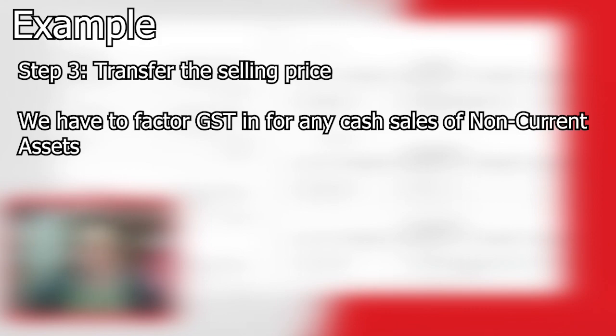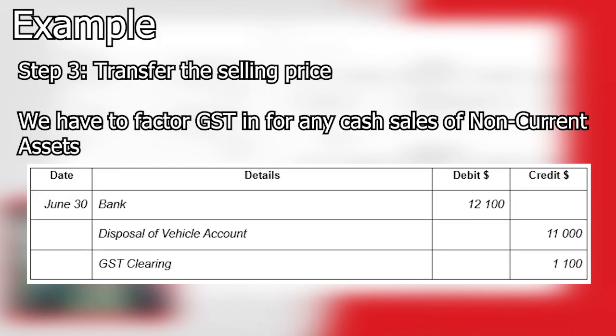So you can see here, bank a debit $12,100. That $12,100 consists of disposal of vehicle, which is $11,000, and the GST clearing of $1,100, because that is 10% of $11,000.